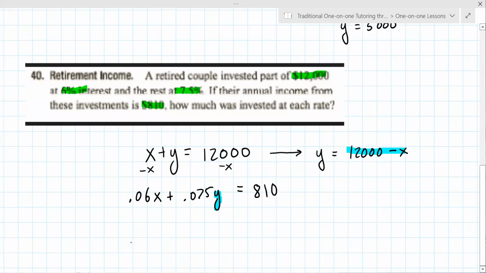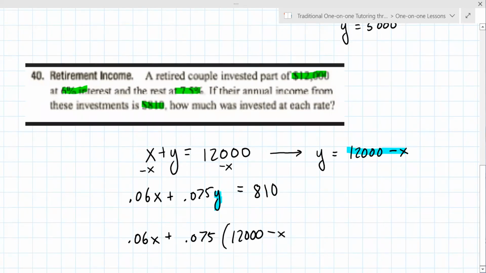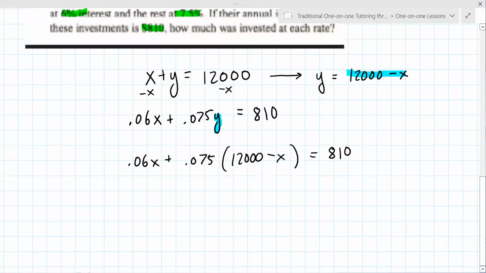Yes. So it's 0.06x plus 0.07y, parentheses, 12,000 minus x, equals 810. What do we do here? What's the next thing to do to solve for the variable?